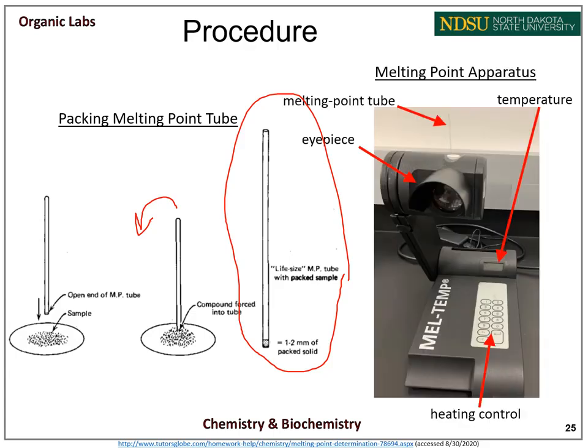You can then insert your melting point tube into the melting point apparatus and look at it through the eyepiece. You can then turn on the heating controls, and you want to slowly approach the melting point of caffeine. You should know the melting point of caffeine because you wrote it in your pre-lab.